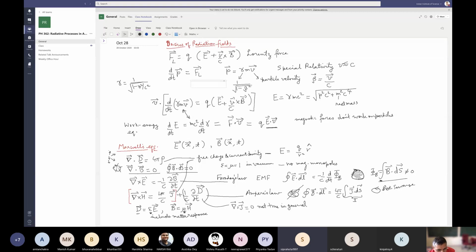That's correct. So del dot J is equal to 0 if you don't have this term, and that's not true in general. If you have time dependent charges, then this term has to be included. So this was Maxwell's contribution. Good. I'm happy most of you know the physical interpretation.